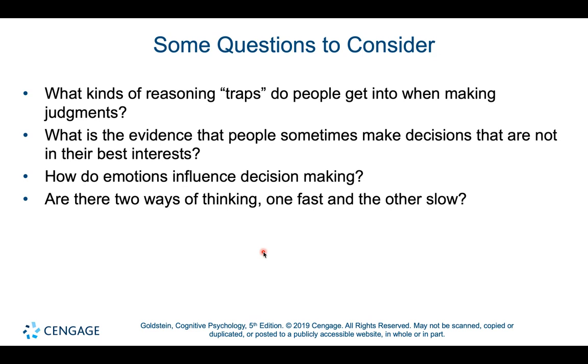This is not going to surprise you either, that people do not always make a decision that has the most utility, the most use for them. How do emotions influence decision making? And the idea that there are two quote unquote ways of thinking. There's a very quick way of thinking, a very automatic, first blush way of thinking, and then there's a much more slow, measured manner of thinking.